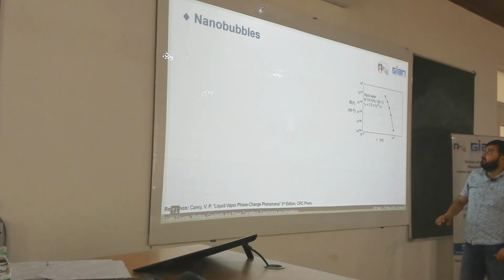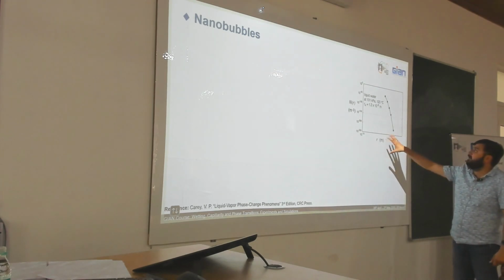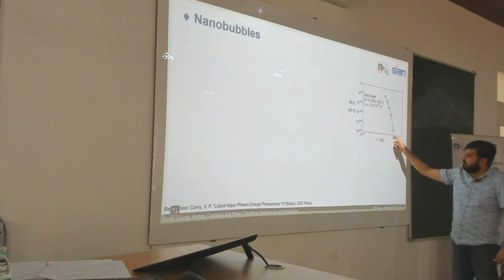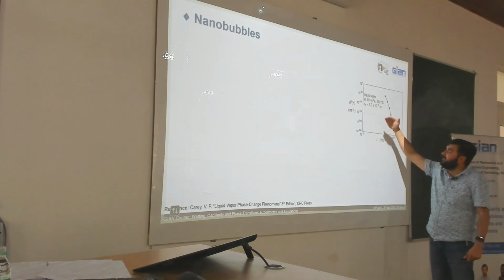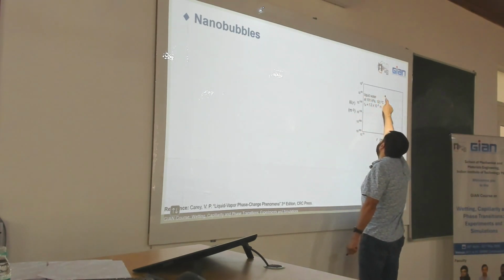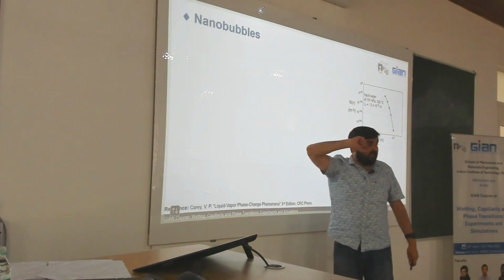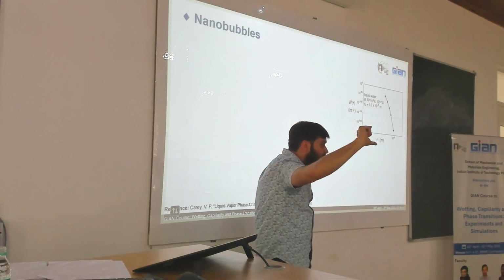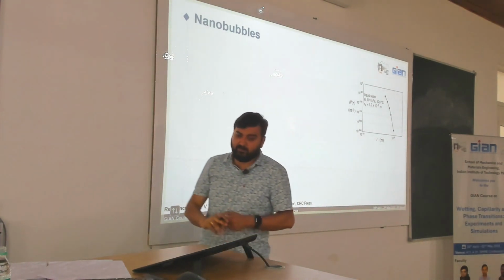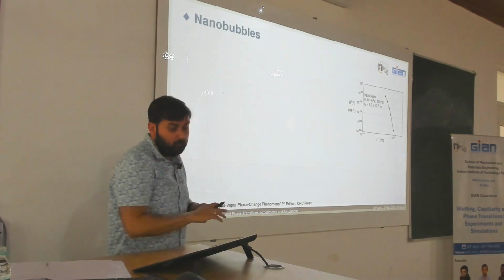But you can see that the probability of having, or the number of nanobubbles in the size less than 1 nanometer is very less. So it means that if your volume is around 10 raised to the power 40 meter cube, you can have just one bubble there, right? So the probability of observing nanobubbles is very low.